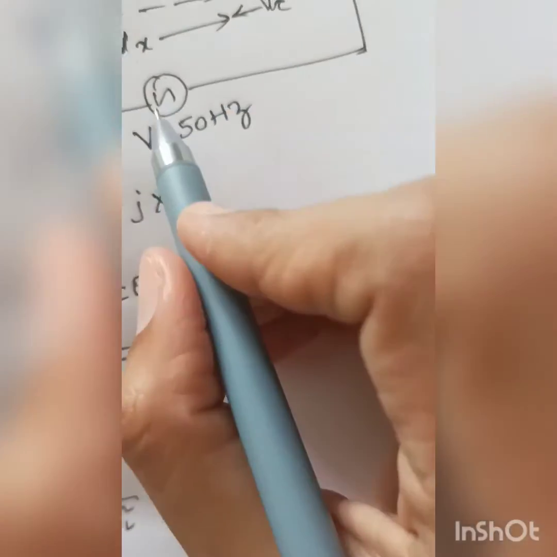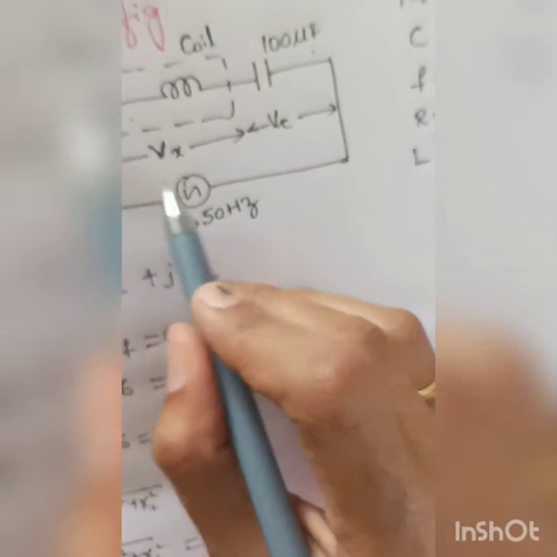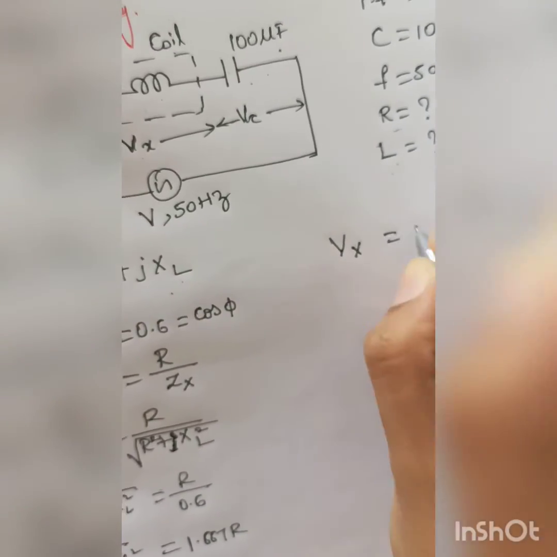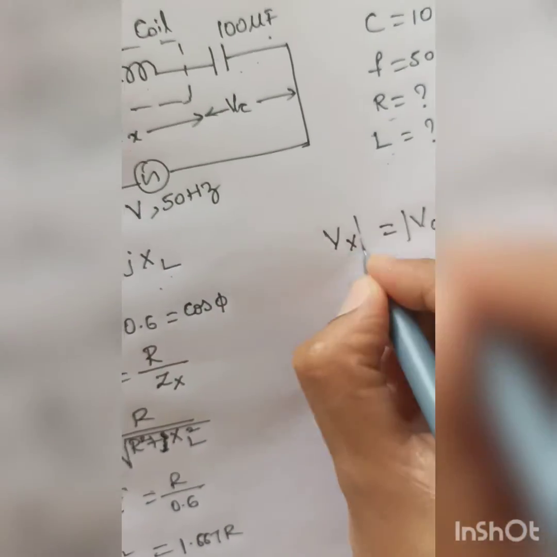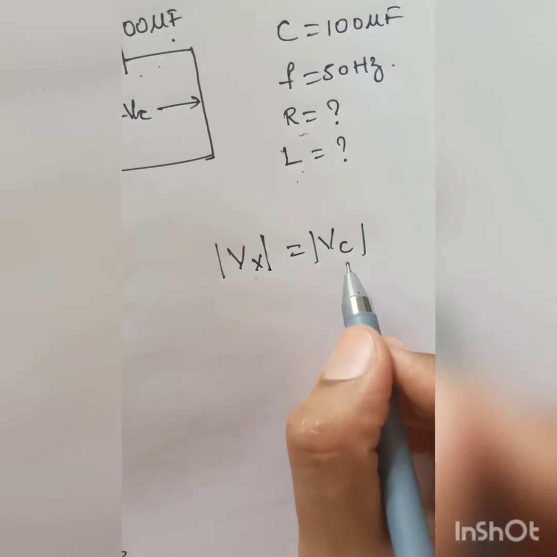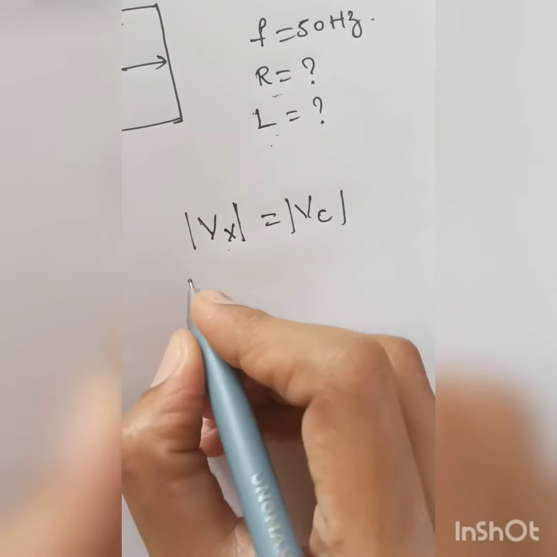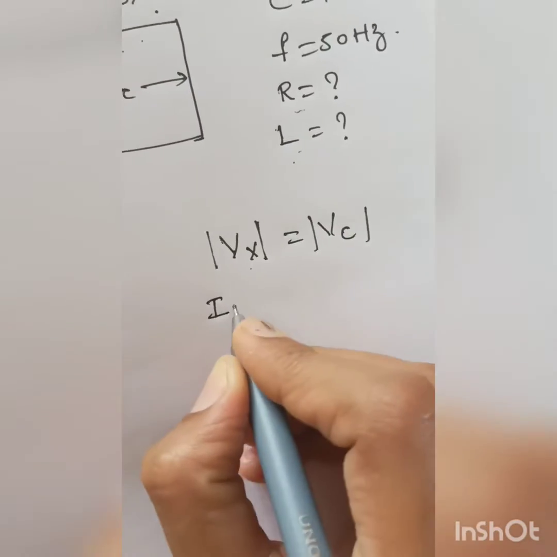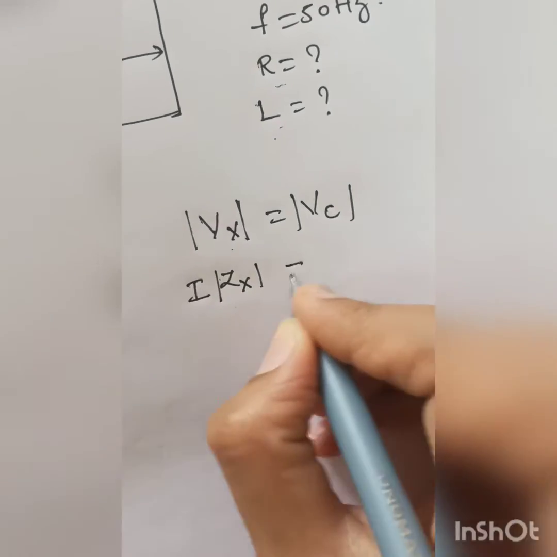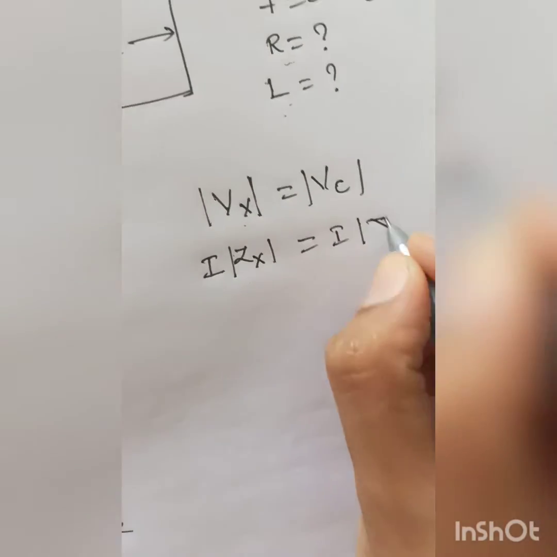So here we can write Vx is equal to Vc, since these two are a series combination. Why am I writing this? We all know what Vx and Vc are, so we can write Vx and Vc in the form of Z. That I can write as I times the magnitude of Zx and I times the magnitude of Xc.